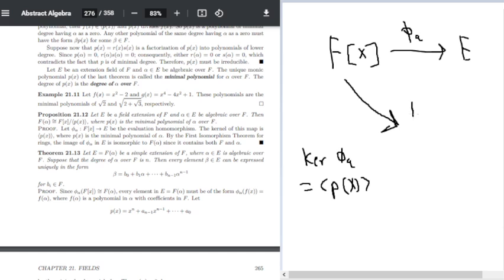So then just using the first isomorphism theorem again gets us F[x] over (p(x)). And since we have all the constant polynomials in this, this function is surjective, which means we get a proper isomorphism here. And not only that, we actually also get a proper unique isomorphism, which is awesome.